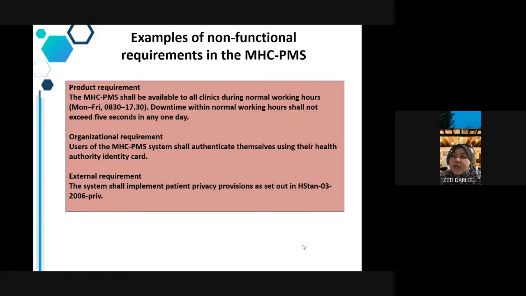Technical glitch tu 5 seconds. Kalau more than 5 seconds happens, maka ada performance issue. Performance issue, the non-functional lah. Okay. So the team kena aware lah that anything that lag ke apa ke, less than 5 seconds.